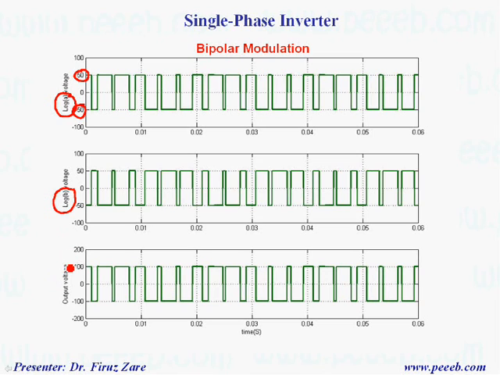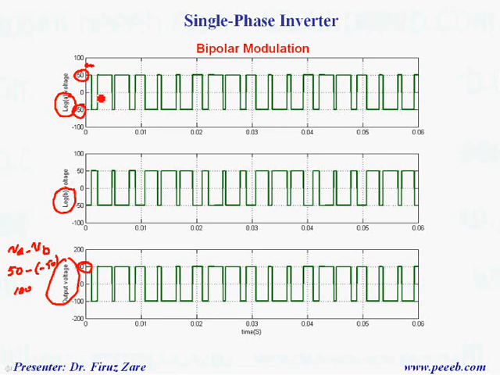And the output voltage here is VA minus VB. For example, for this interval, the output voltage in leg A is 50 and leg B is minus 50. So that's why this voltage is 100, which is given here.